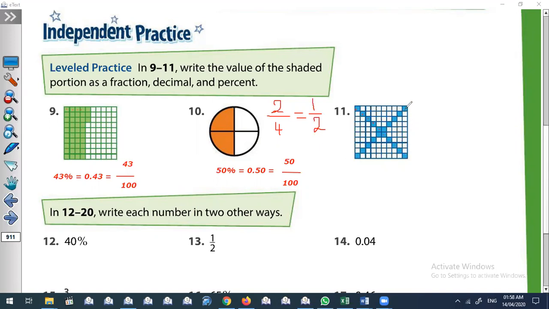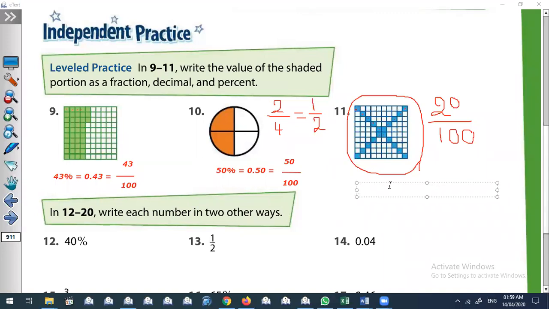Let's count. 1, 2, 3, 4, 5, 6, 7, 8, 9, 10. So it will be 20 over 100, because this figure is 100 always. What is the percent of that? The percent of it like that, 20%.